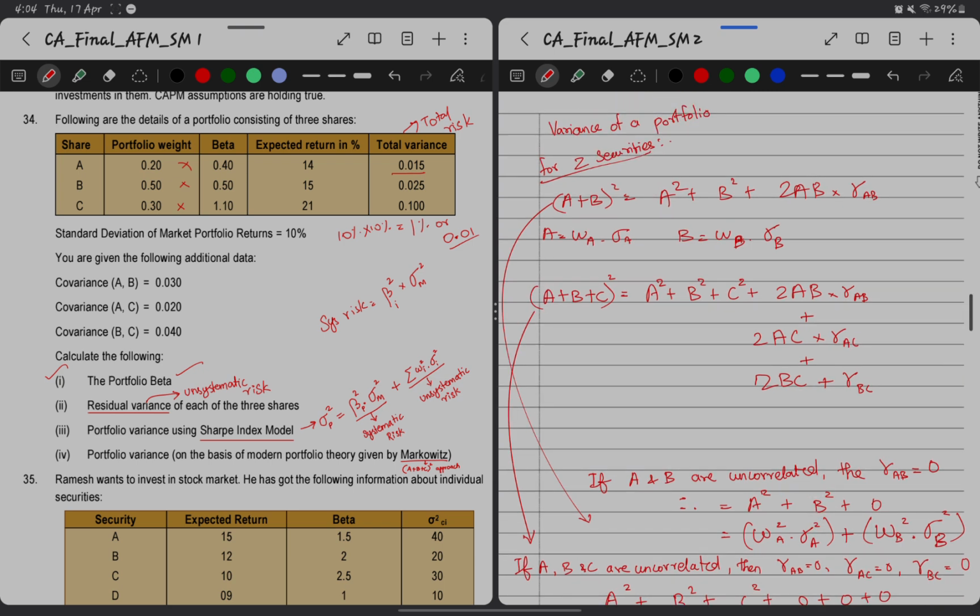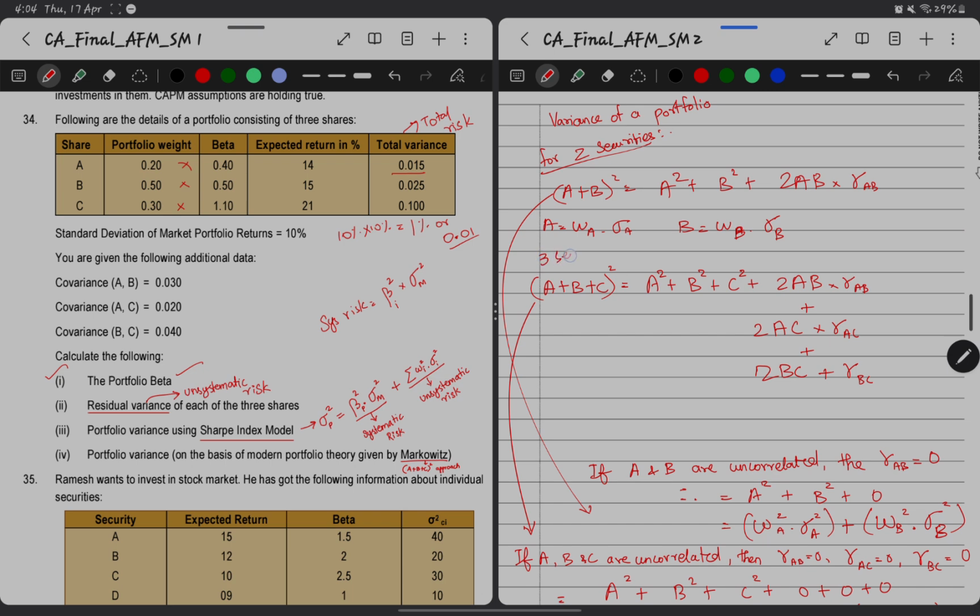Same way the three security approach, this is for three securities. A plus b plus c the whole square, wherein we do a square plus b square plus c square plus 2ab multiplied by correlation of ab plus 2ac multiplied by correlation of ac plus 2bc multiplied by correlation of bc.